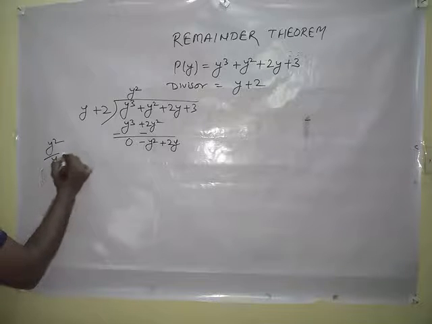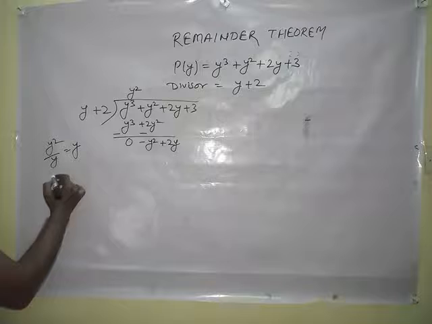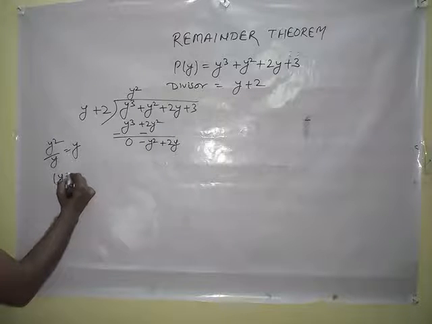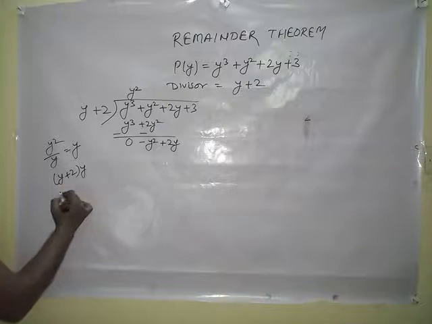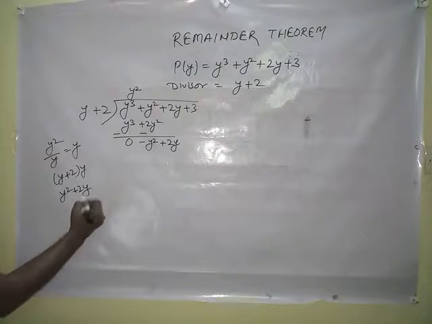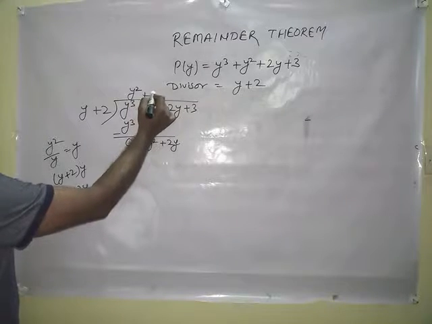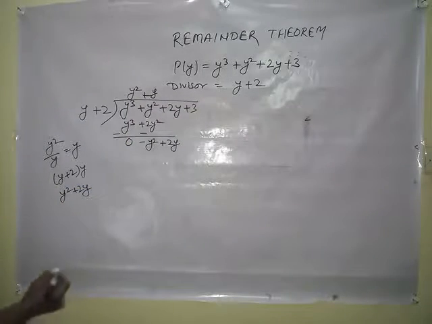Minus y square divided by y is equal to minus y.